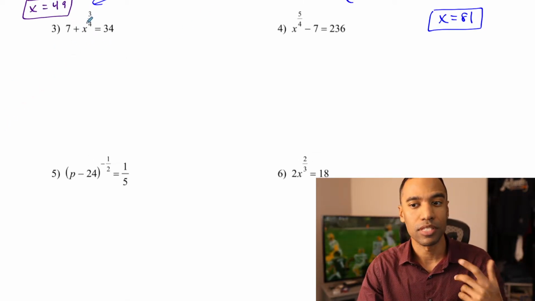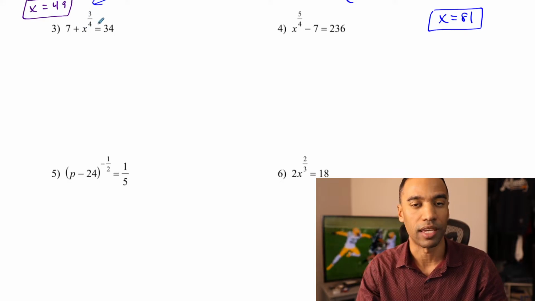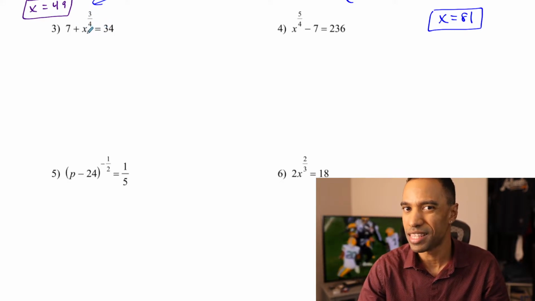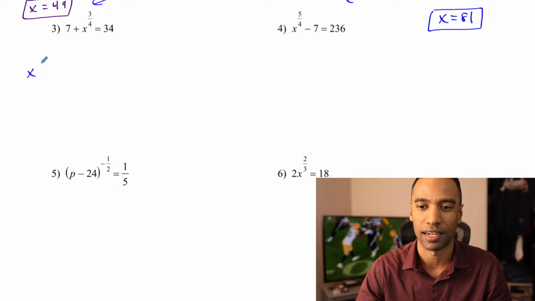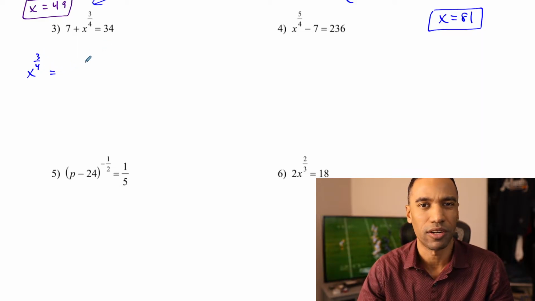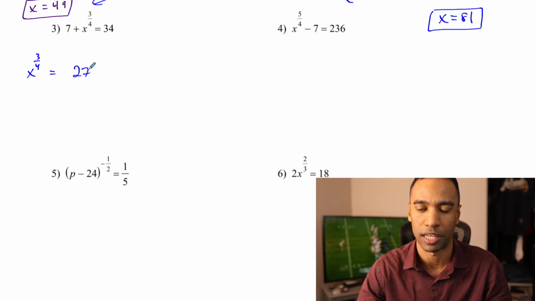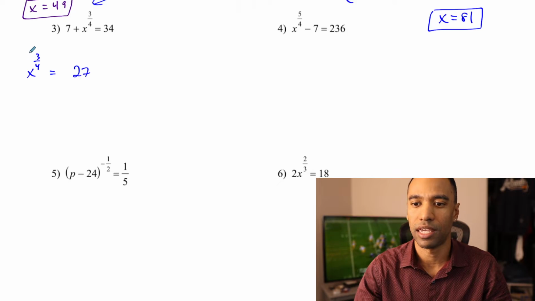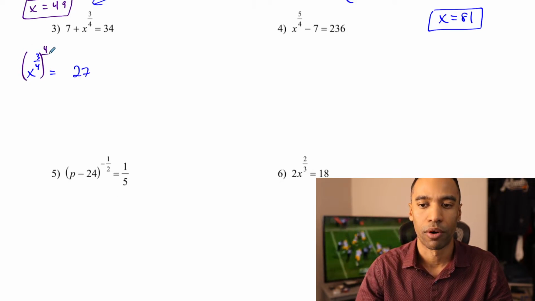Number 3. Now, I did mention we do want to isolate this thing right here, just like radicals. So it's kind of the same kind of problem, a little less so. You're solving it differently. You're not squaring a binomial and things like that. If I subtract 7 over, I'm going to get 27. So right here we now raise it to the 4/3 power.